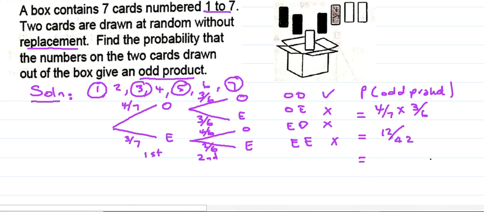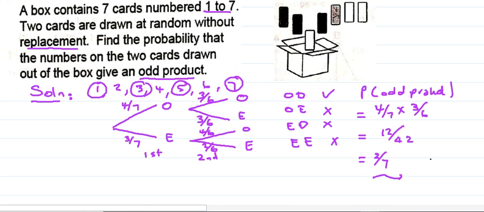If we want to simplify that, and you can leave it in fraction form, 6 will go into 12 2 times, and 6 will go into 42 7 times. So that is the probability of getting an odd product from this draw. Okay, so I hope that helped to refresh some of your concepts on the tree diagram, and also looking at drawing without replacement.